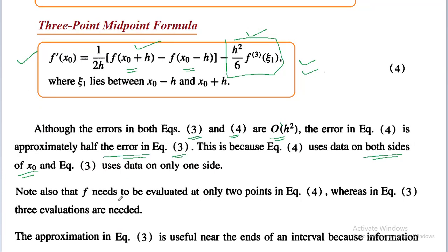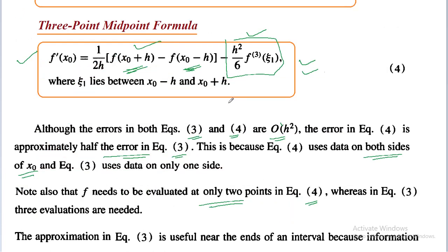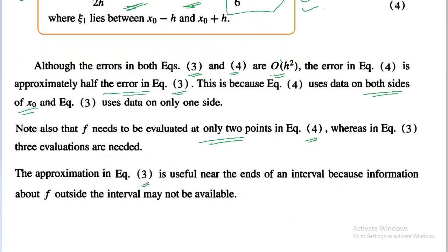Also note that f needs to be evaluated at only 2 points in equation number 4. That is, in the 3-point midpoint formula, we need to evaluate f at 2 points. But in the 3-point endpoint formula, we need to evaluate f at 3 points. The approximation in 3, the 3-point endpoint formula, is useful near the ends of an interval, because the information about f outside the interval may not be available.